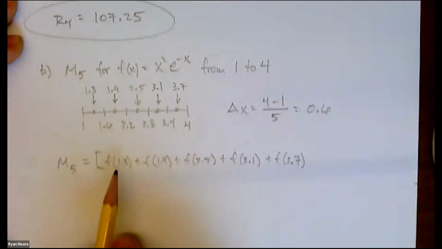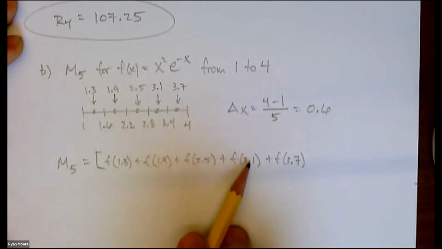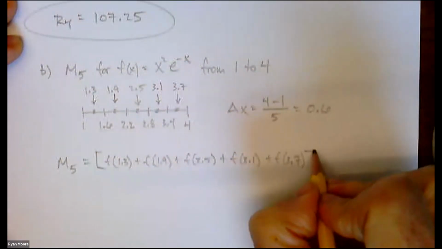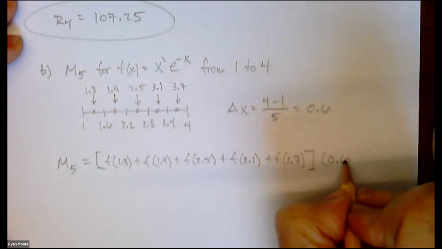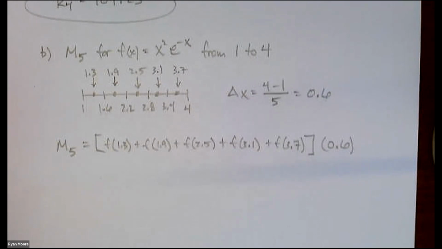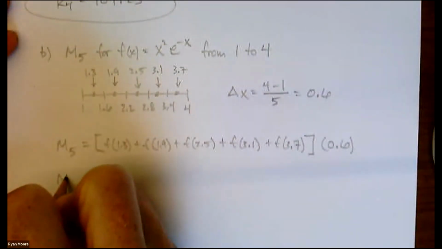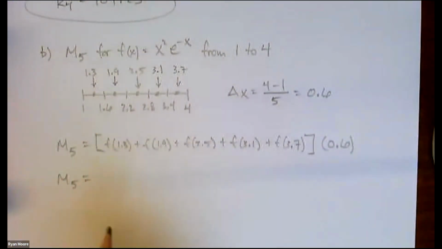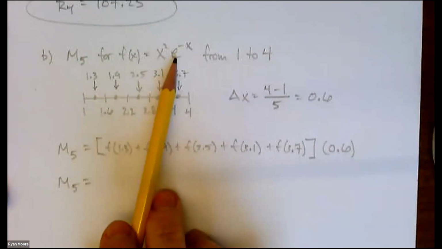Let's make sure I got them all: 1.3, 1.9, 2.5, 3.1, 3.7. That all gets multiplied by our width, 0.6. Oh boy. So far so good, but now we've got to plug each one into this.